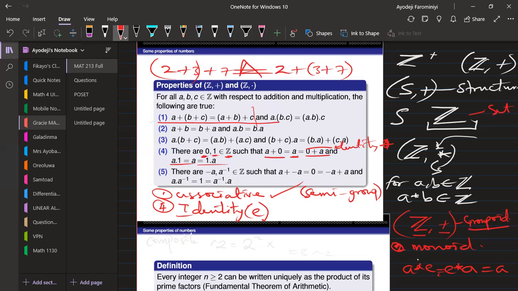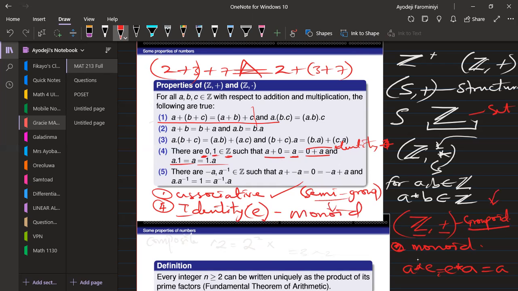In addition to being a semigroup, if there is an identity element, we say it is a monoid. So from a set to a groupoid, from groupoid to semigroup, from semigroup to monoid. Okay?